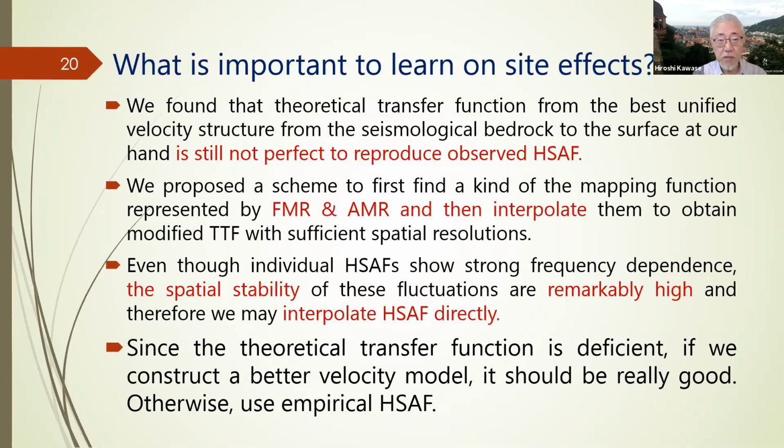And even though individual site amplification factors show strong frequency dependence, the spatial variability of these frequency fluctuations is remarkably stable. Therefore, we may interpolate the horizontal site amplification factor directly.